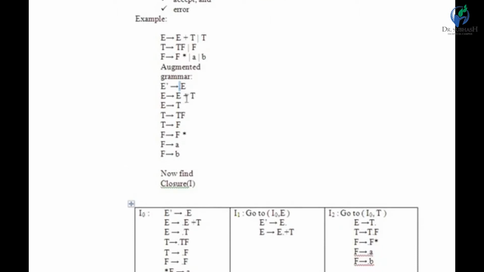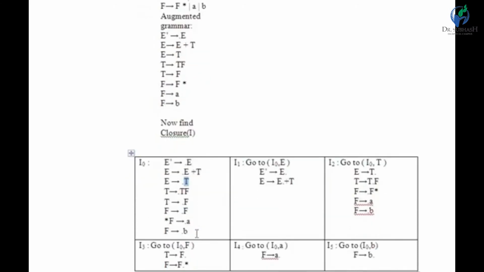So I0 means E dash gives dot E, just put dot before your starting symbol. After dot you have a non-terminal, so consider its productions. Its productions are E gives E plus T and E gives T. So E gives dot E plus T, then E gives dot T. Here T is a non-terminal.